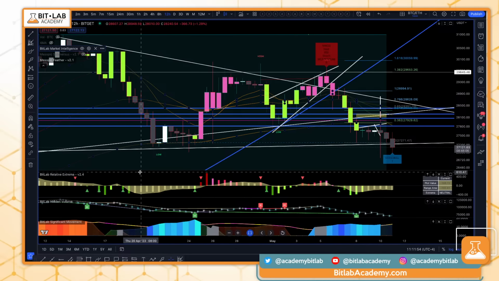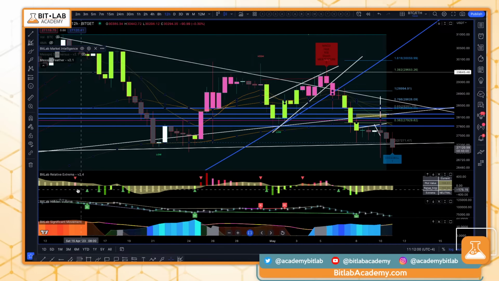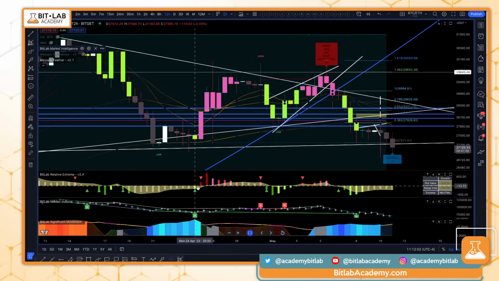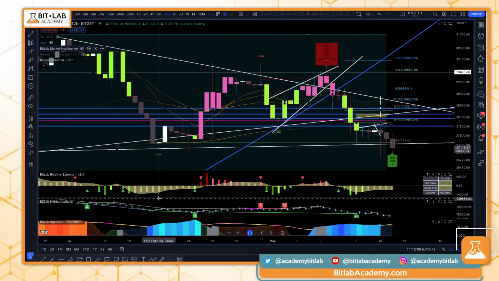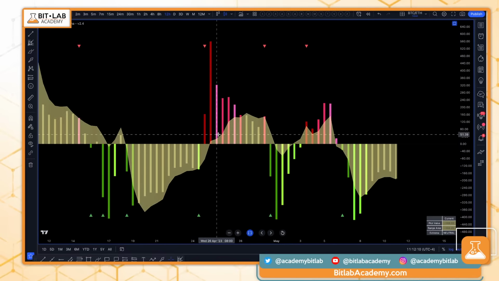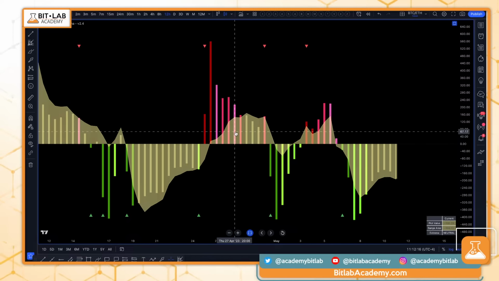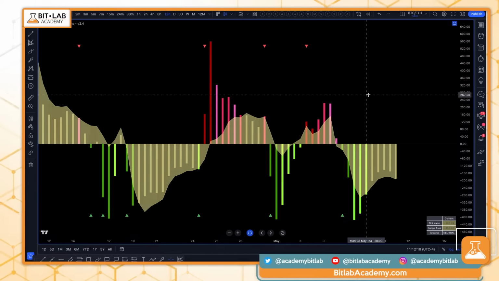As you see, the relative extrema is already updated, but we're seeing these divergences here in combination with the strength of a move within a move, which is what the relative extrema shows. We have this aggregate sort of momentum and healthy movement wave, which is this wave here. When the move is outside of this wave, this is when we know that the move may have a consolidation or sharp pullback relatively soon.